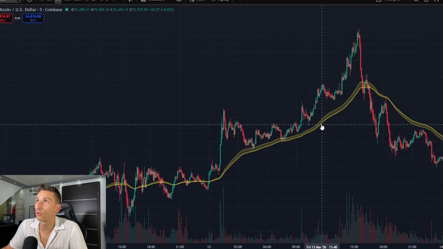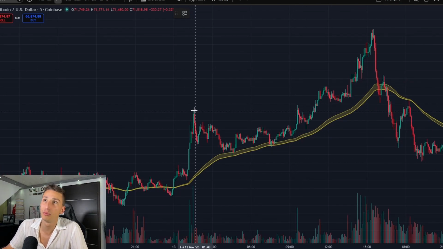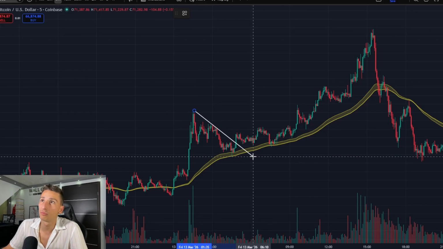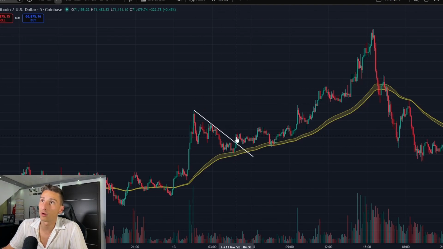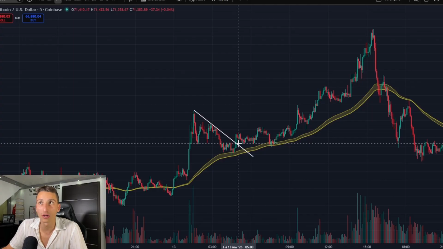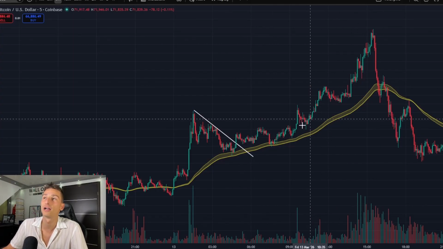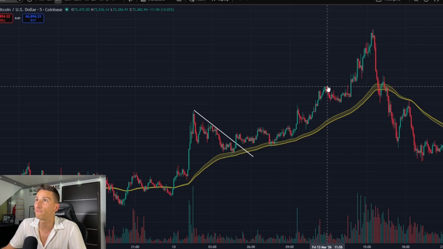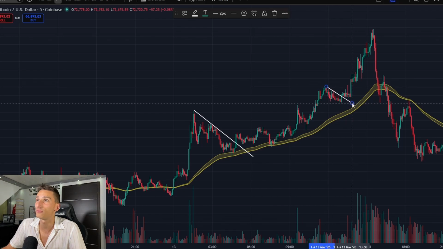We have another one, even two here, a nice push here, and you just draw your flag, then when we break it, boom, we maybe retest this level where we broke this bull flag, we retest it, and then we keep going to the upside.